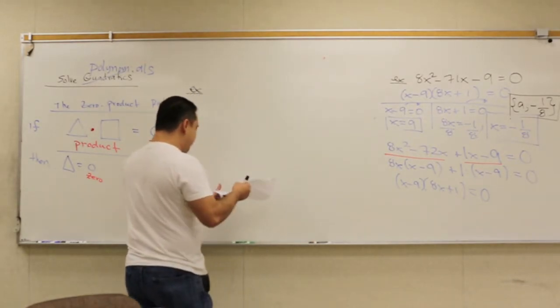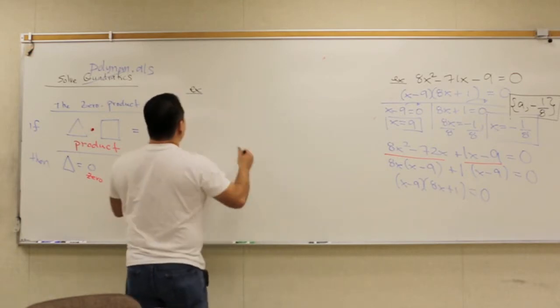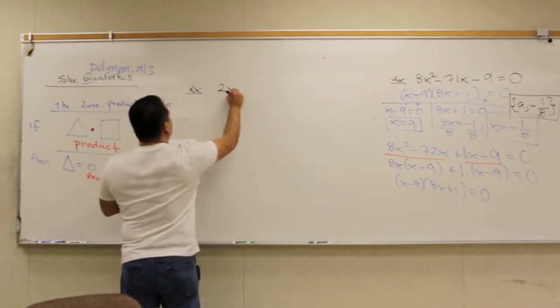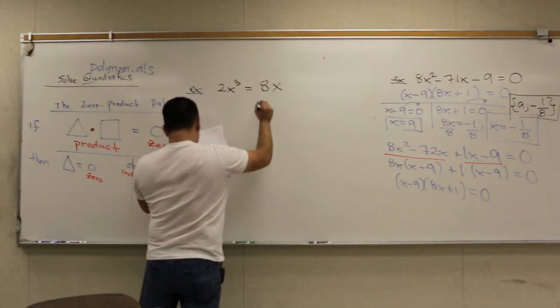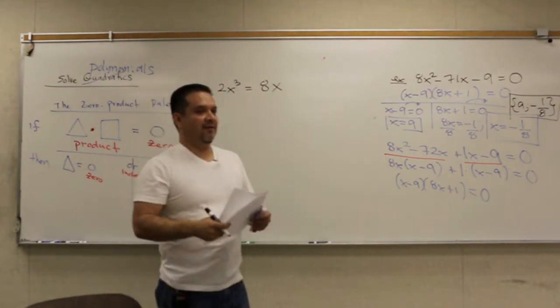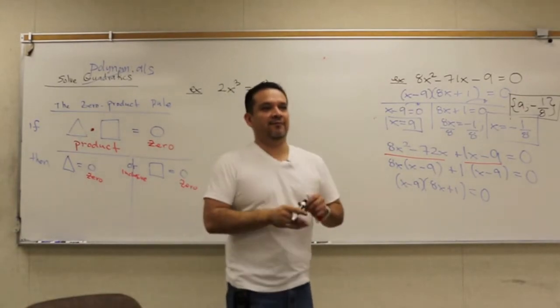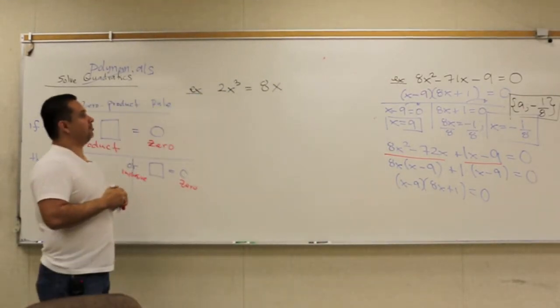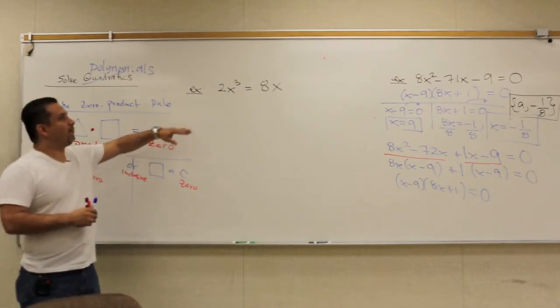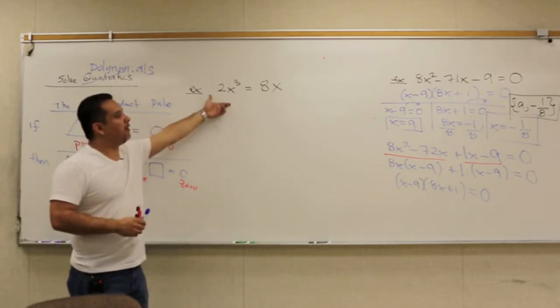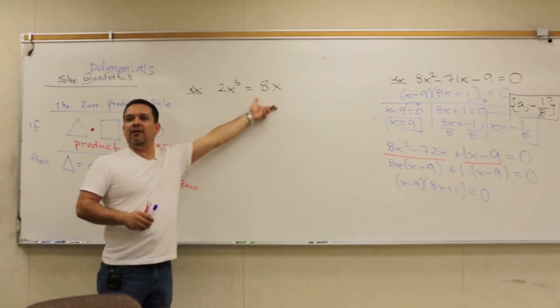What if you have 2x cubed is 8x? Right, first of all, you don't even have a product. Well, I guess you do have a product here, but this is not what? 0.